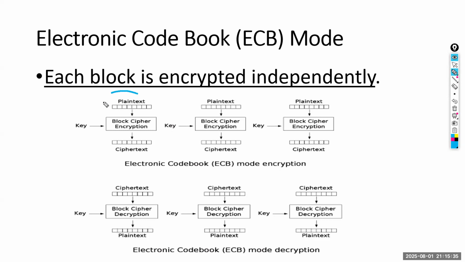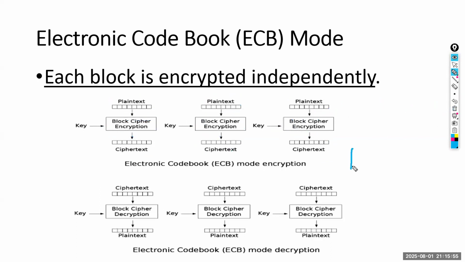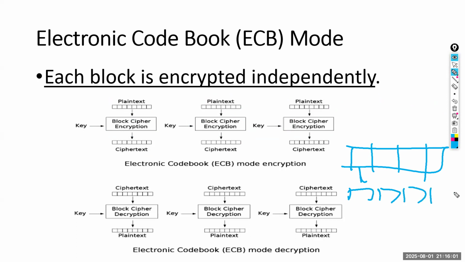So this is your plain text. This is your first block, second block, third block, and it goes like that. And each block is separately encrypted. So this is your key and encryption algorithm. That means your plain text is subdivided into blocks, and each block is separately encrypted. Simple as that. If you do like that, we call it electronic code book mode.